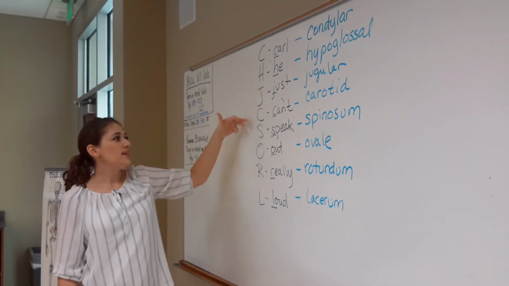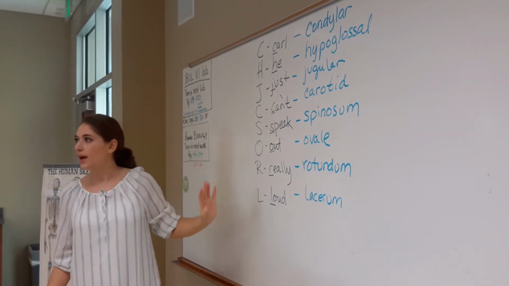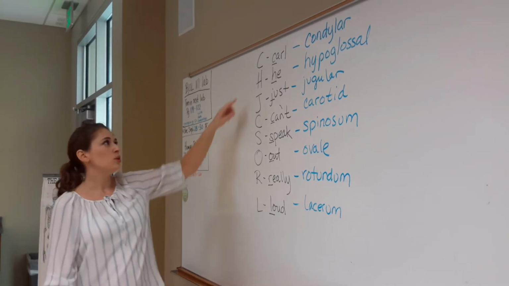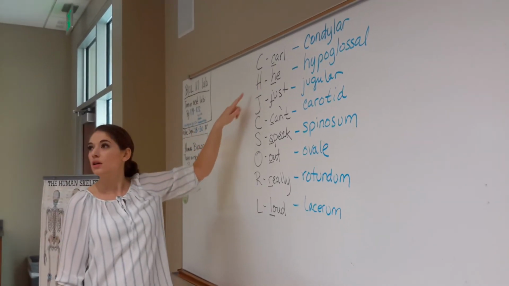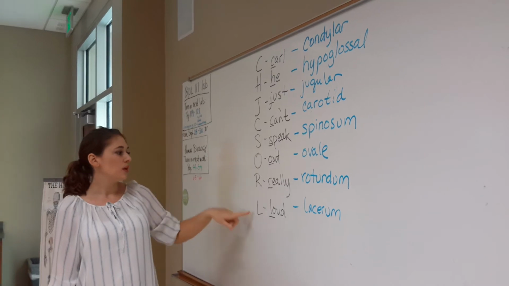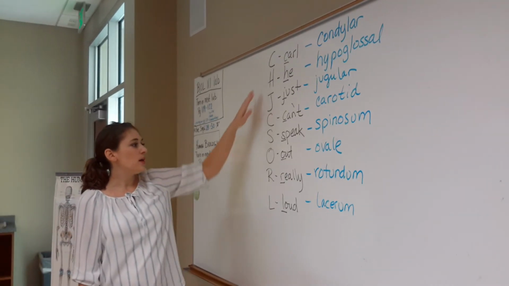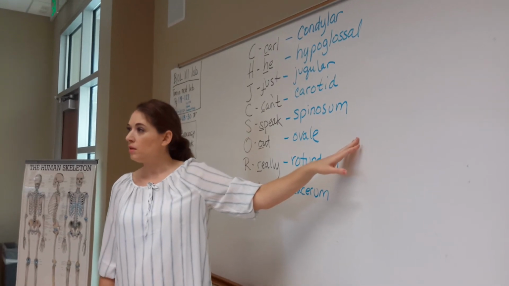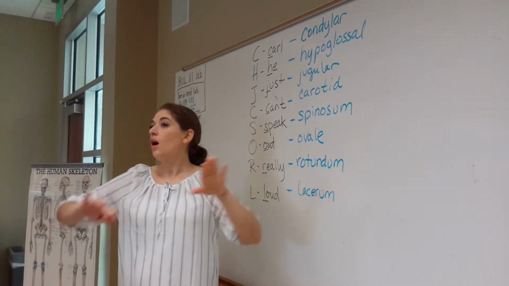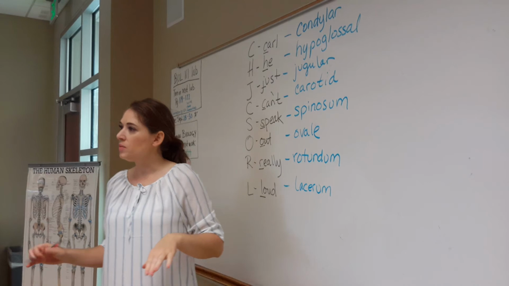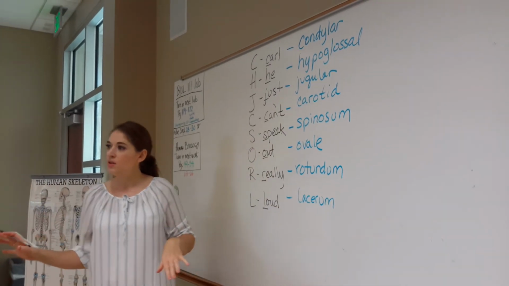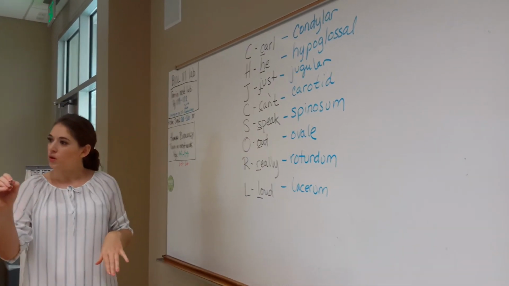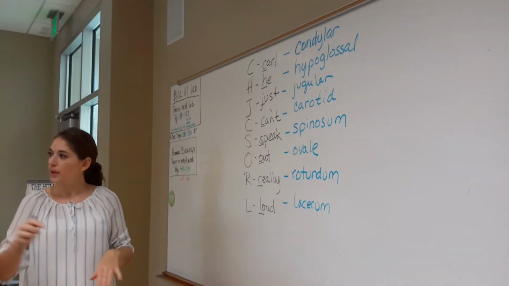Carl, he just can't speak out really loud. So with acronyms, we're looking for the first letter of each word. And so the first letter of each word stands for the name of the foramen that you're going to know. And these are all in order around the base of the skull. So I'm going to give you a minute to write that down, and then we're going to go over each foramen on the skull. Okay?